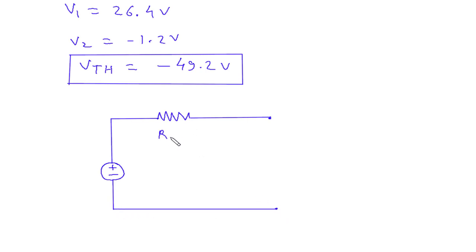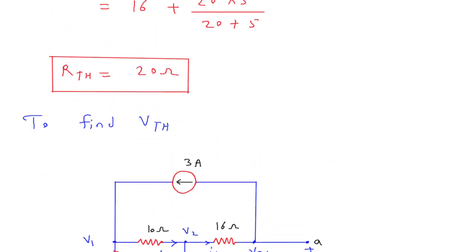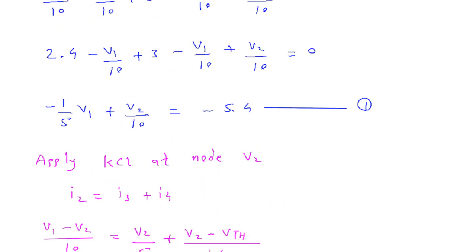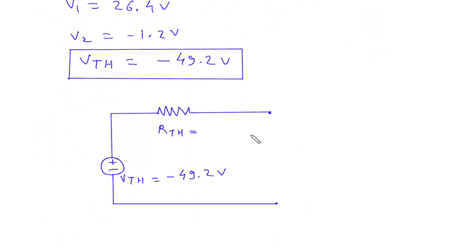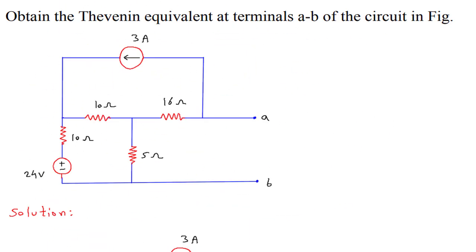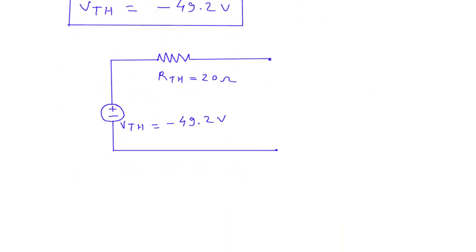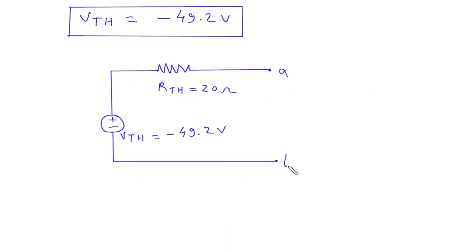This is RTh and this is VTh. VTh is equal to minus 49.2 volt and RTh is equal to 20 ohm. So this terminal is A and this terminal is B.